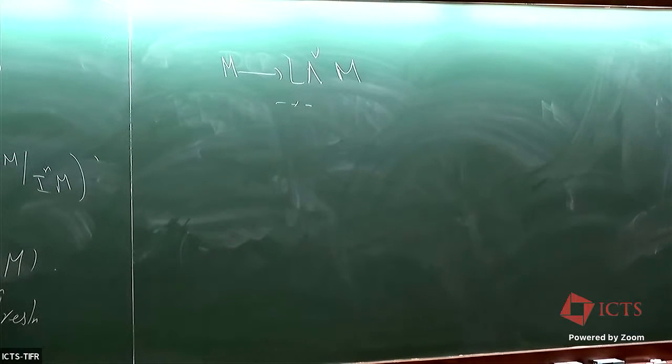Any questions so far? So the completions enter into the picture now. And for the rest of the talk, it's basically about the interplay between completions and local cohomology and what it has to do with stratification to some extent.